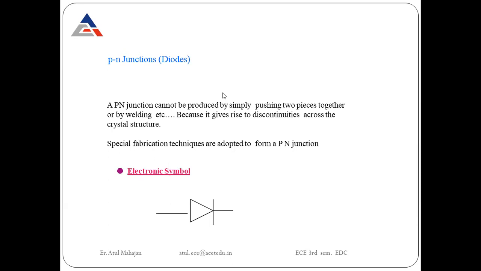Now, how is this PN junction diode formed? How is its physical structure formed? It is formed by simply pushing the two pieces of P-type and N-type material together.